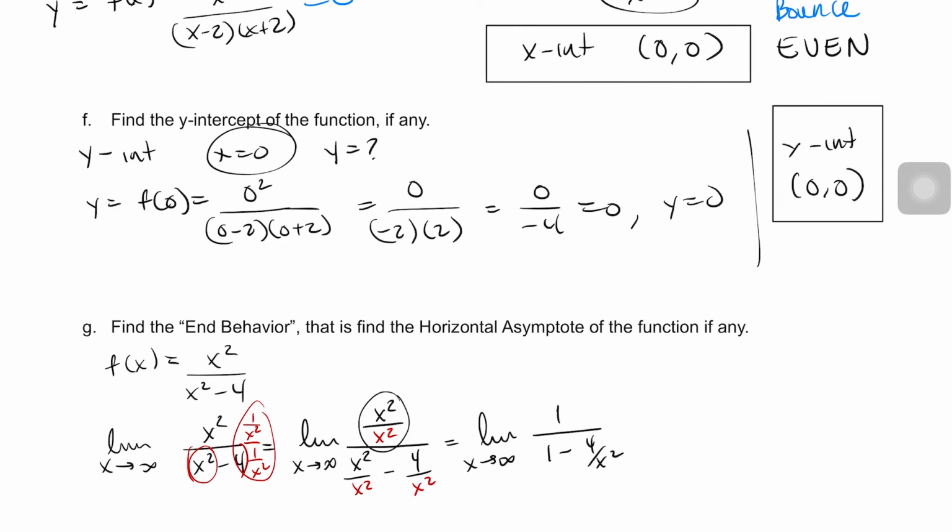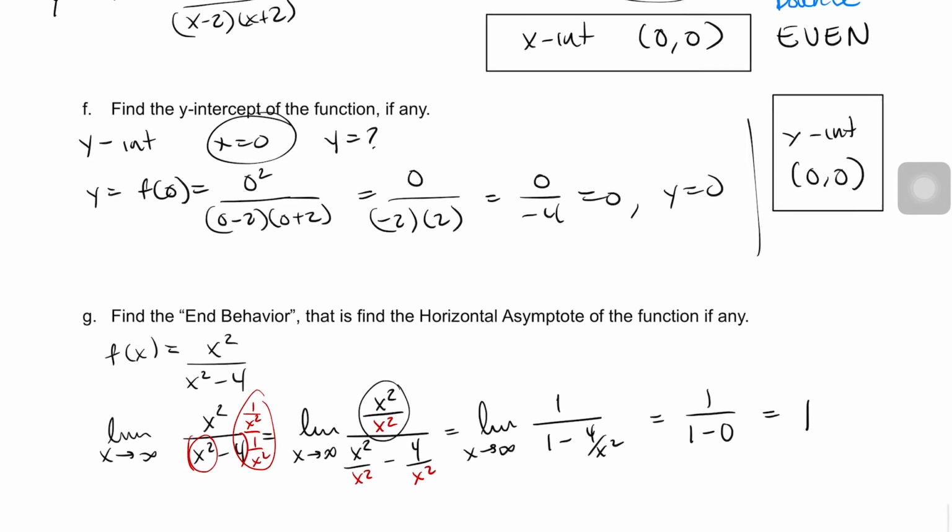The denominator will also be 1. By doing this, we can now apply the limit. As x goes to infinity, 4 over x squared is 4 over infinity, which goes to 0. And so what we end up getting is just 1 over 1 minus 0, which is 1.